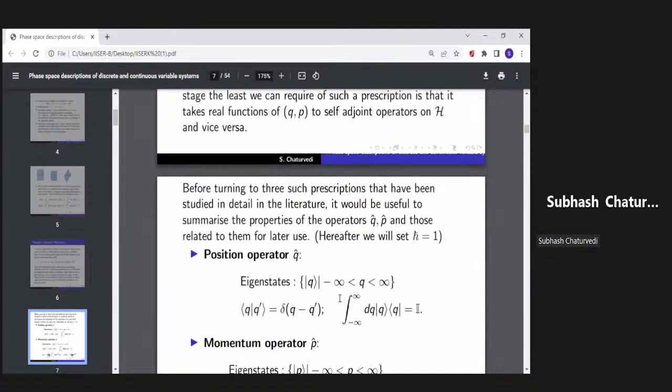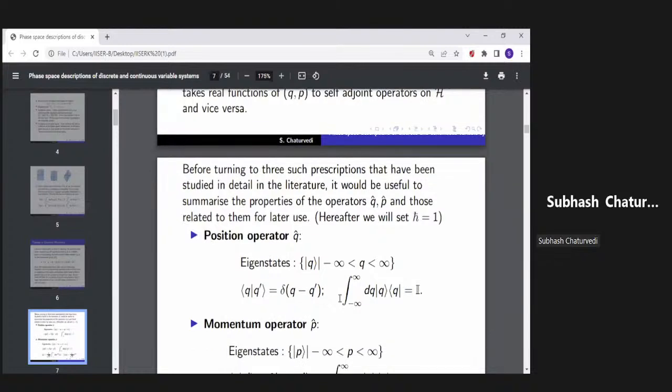Now, before passing on to these prescriptions, just to set the notation, I will recapitulate things which you already know. Position operator, its eigenstates, the coordinate eigenstates.